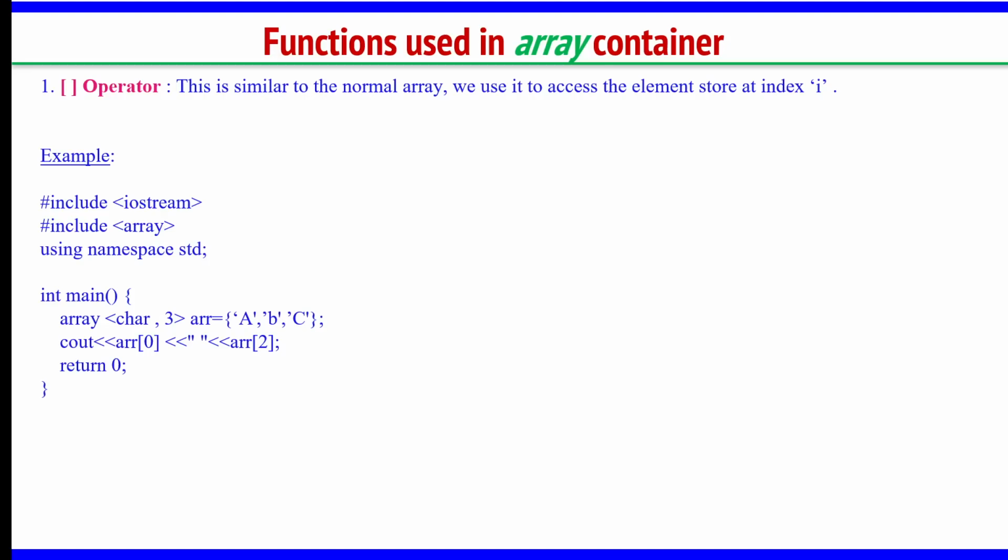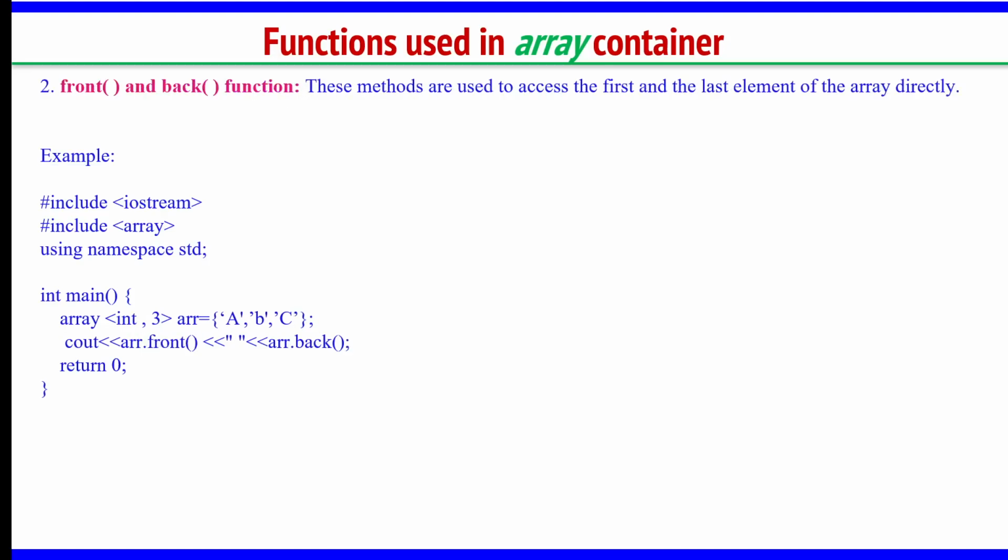Let us see the next operation on the array container. Next, front and back. These methods are used to access the first element and the last element of the array directly. See here, I gave an array arr. I am always including the header file array. You have to always include the header file array.